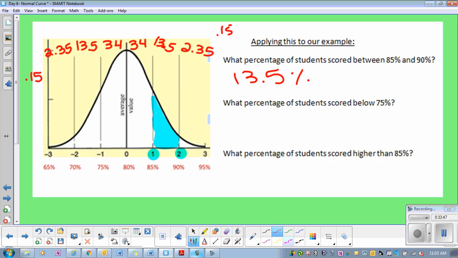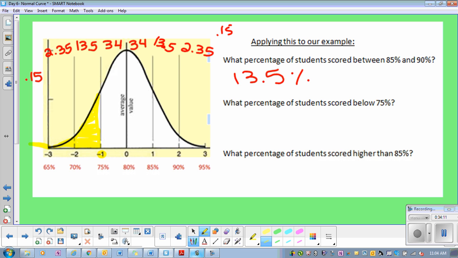So the next one is asking, what percentage of students scored below 75%? Okay, so below. Here's 75 right here. So this one plus that one plus the outlier.